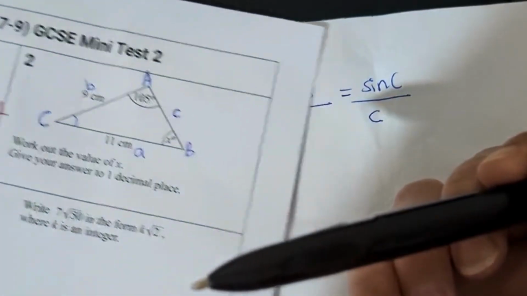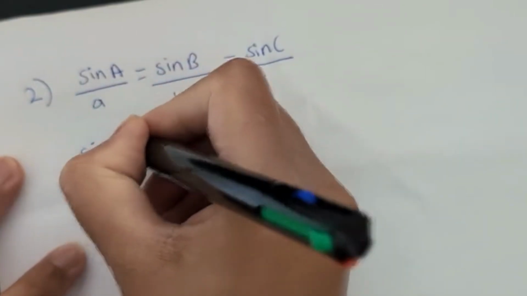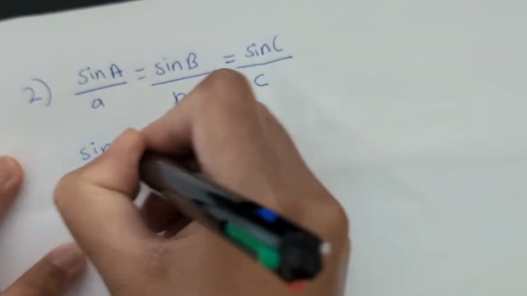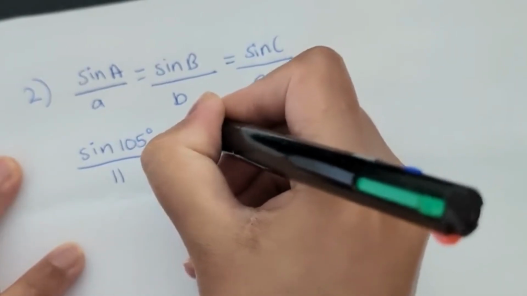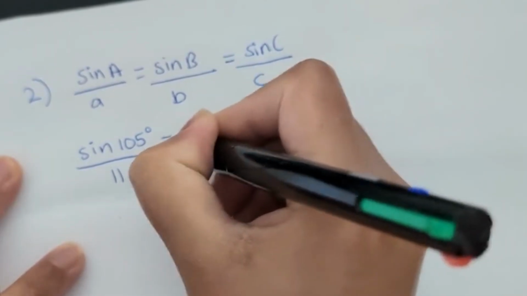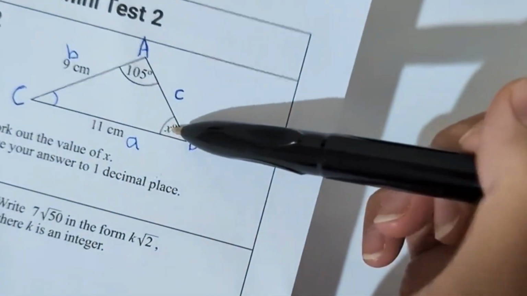So I'm just going to go ahead and write those down. So that's going to be sine 105 degrees over 11, which is equal to sine x degrees, which was my sine B, my angle B, which again we don't know, so it's just sine x degrees, okay?